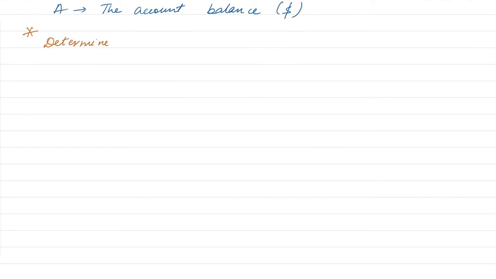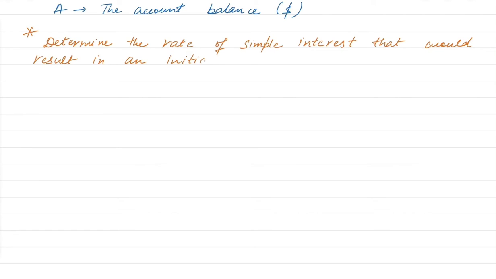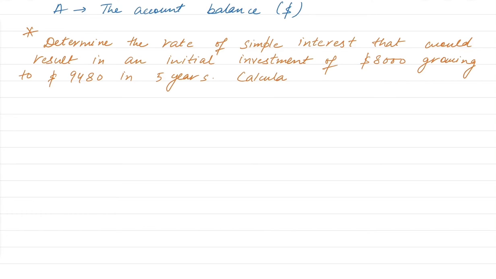Suppose we are given: determine the rate of simple interest that would result in an initial investment of 8,000, so here 8,000 is the principal amount, growing to 9,480 in 5 years.